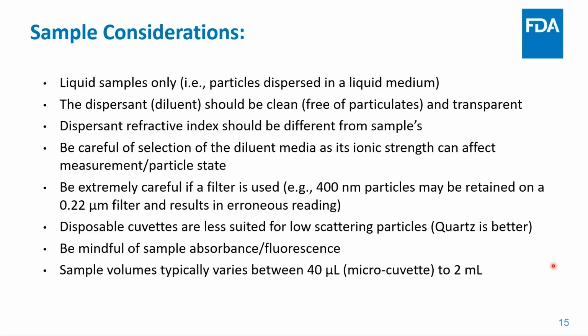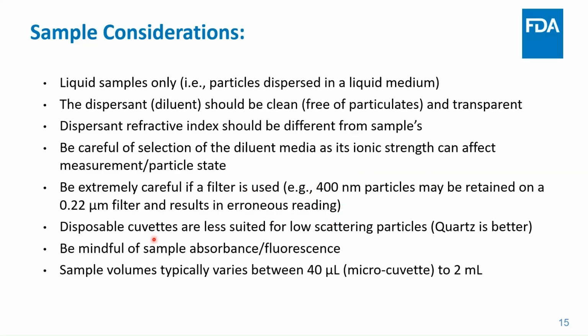That's often recommended. 0.1 micron is not as good, but 0.22 microns is better. You need to know the dispersant refractive index. You want to make sure that you're controlling things like the ionic strength between measurements, or if you're doing a dilution of a concentrated sample. Knowing your ionic strength, as we mentioned before, has some influence on the hydrodynamic size.